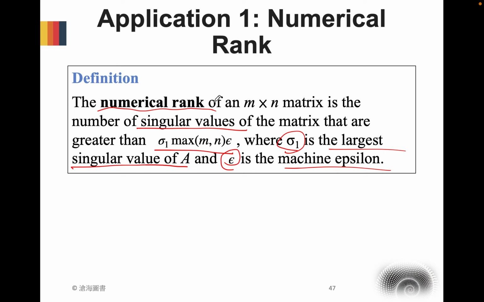The most important information can be embedded into a lower rank matrix of the numerical rank, which is larger than sigma 1 times max of m, n times epsilon. This value can be dynamic according to how we set the epsilon.